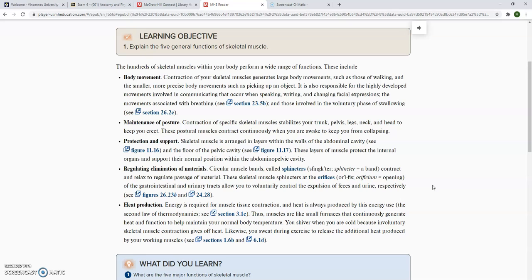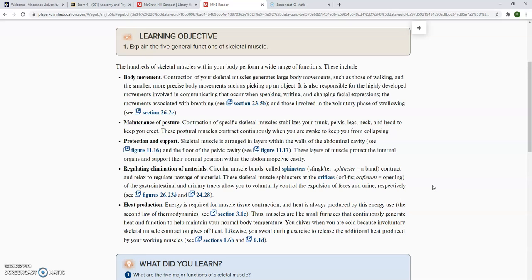And then the final function is heat production. We've talked about this when we talked about body temperature, homeostasis, or thermoregulation. This was the second law of thermodynamics, where whenever energy is transferred from one form to another, a byproduct is heat. And remember, heat can't be used. It's kind of a worthless thing as far as being used for work.